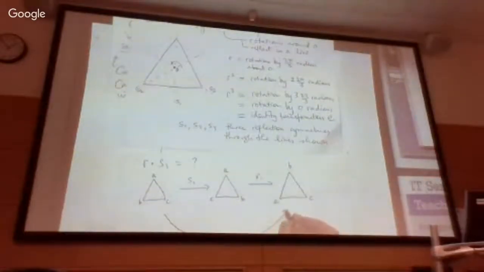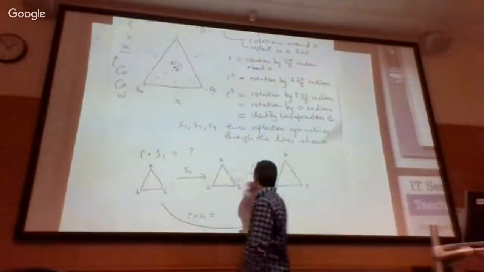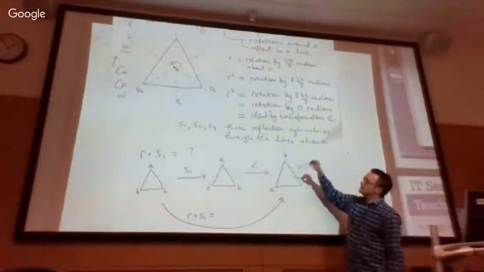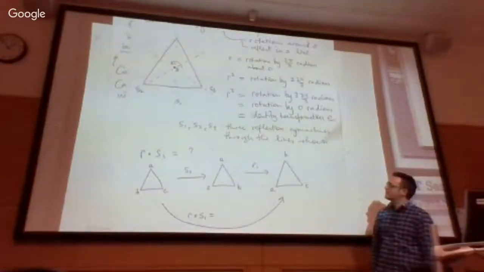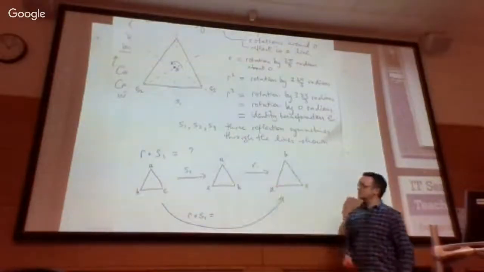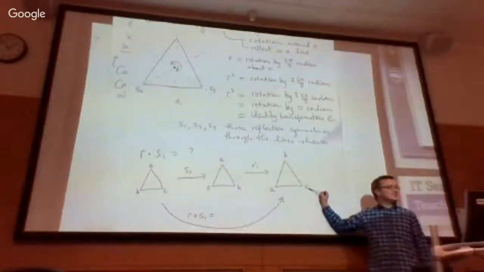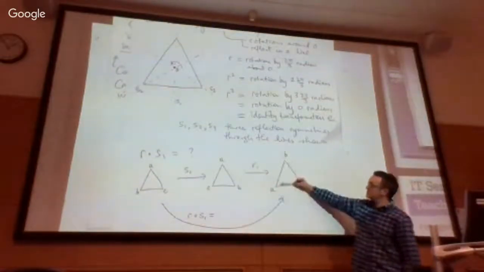But now we can see here, this is the composition, R after S1. So you look at this triangle, compare it to this one, and pick out which of the 6 symmetries has been applied here. So comparing the first triangle straight to the last one, you see that the vertex C is still in the same position. The other 2 vertices A and B have swapped over.